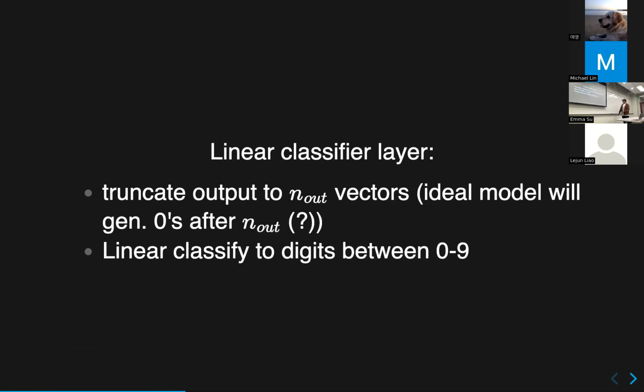Yeah. So say you have x1 times x2, where x1 is 1, 2, 3, 4, 5, so it's 5 digits, and then you have another one, 1, 2, 3. Then the output will have a maximum of 8 digits. So n out is just the maximum number of digits it can output.